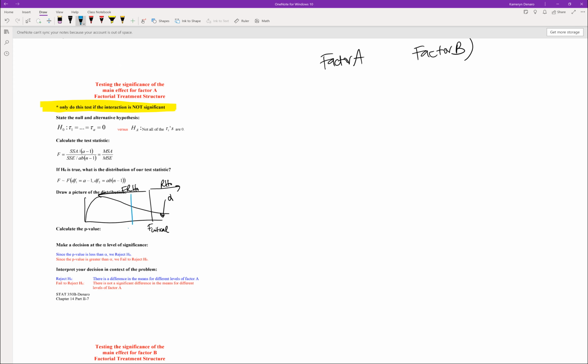right? If your test statistic is not as large, then you're going to have a very large p-value. And if your test statistic is very, very large, then you're going to have a very small p-value.